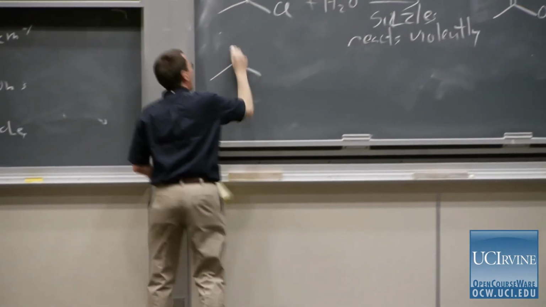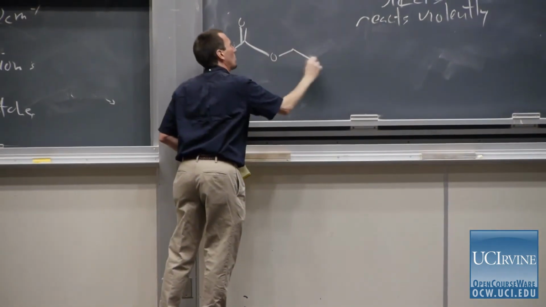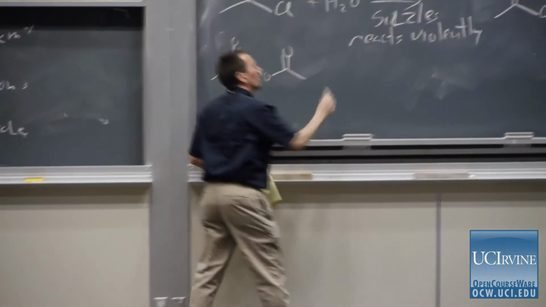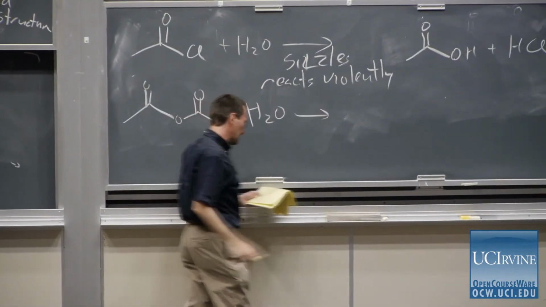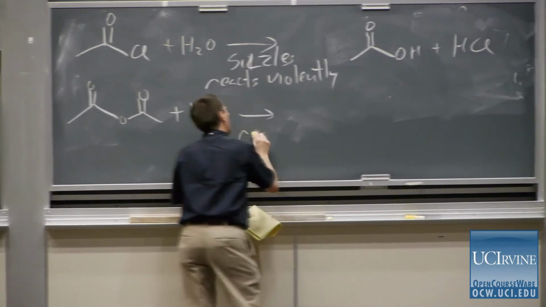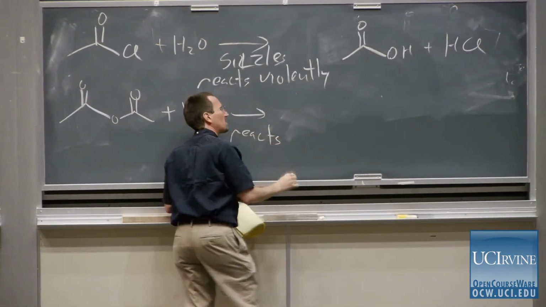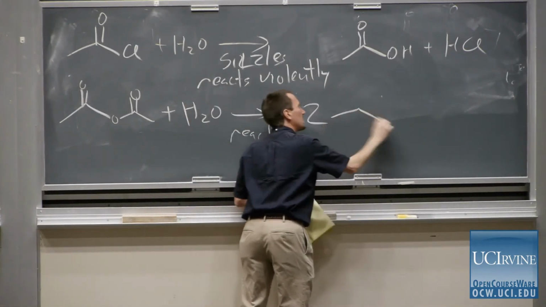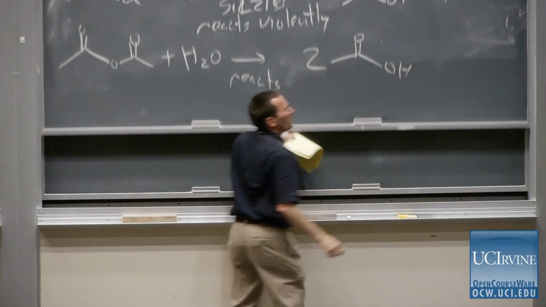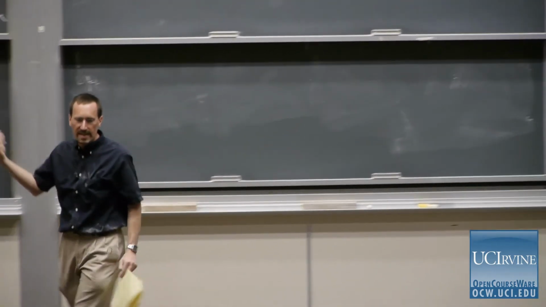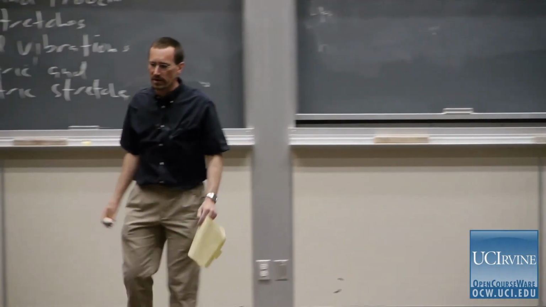Acid anhydrides also react with water. Not as violently, but they react. I'll just write reacts by contrast to violently. And acetic anhydride hydrolyzes. Hydrolyzes is a fancy way of saying cleaves, lyses by water.